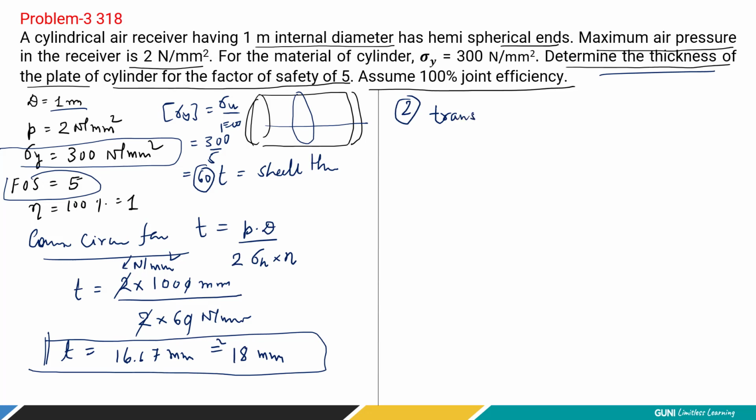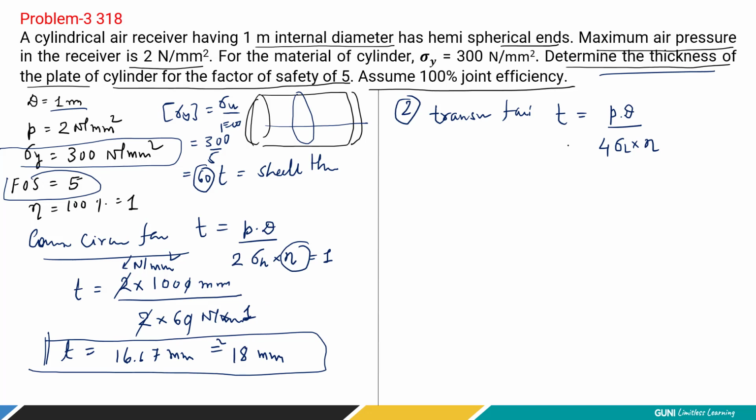Transverse failure. So here the shell thickness T is equal to P into D divided by 4 times longitudinal stress into joint efficiency. Here we have taken joint efficiency 100%, which means equal to 1. So you can divide by 1. It has no effect, right? When you divide something by 1, it remains the same value.